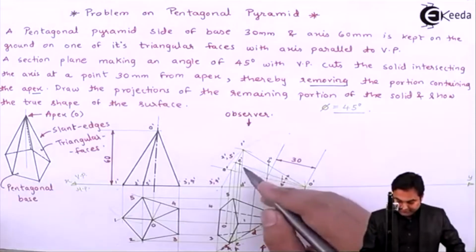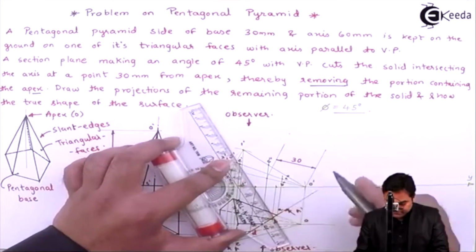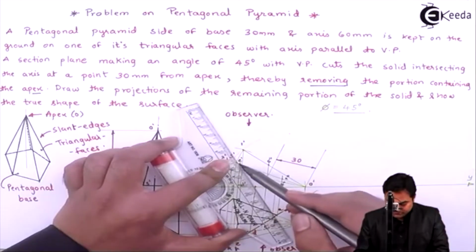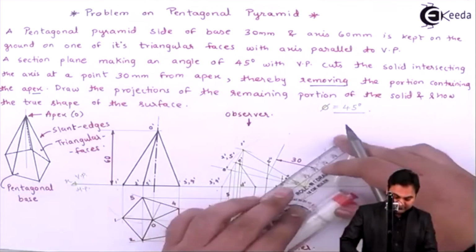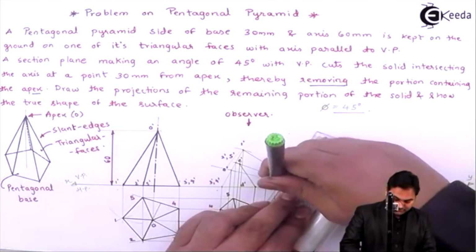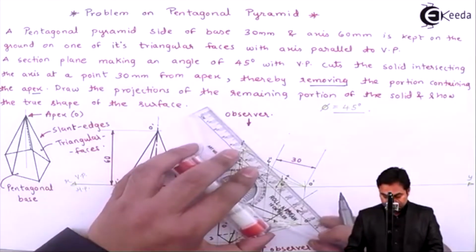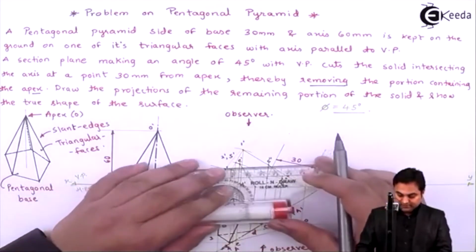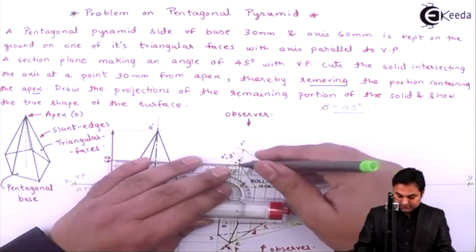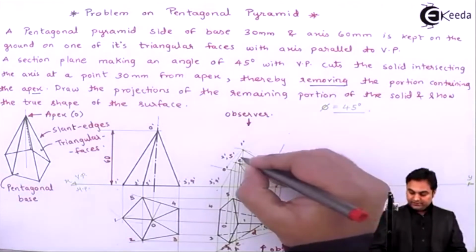So point E and D will be connected, E dash D dash. D to B is connected. B double dash A double dash will be joined. A double dash to C double dash connected. C double dash to E double dash will also be connected. So here I am getting this shape.